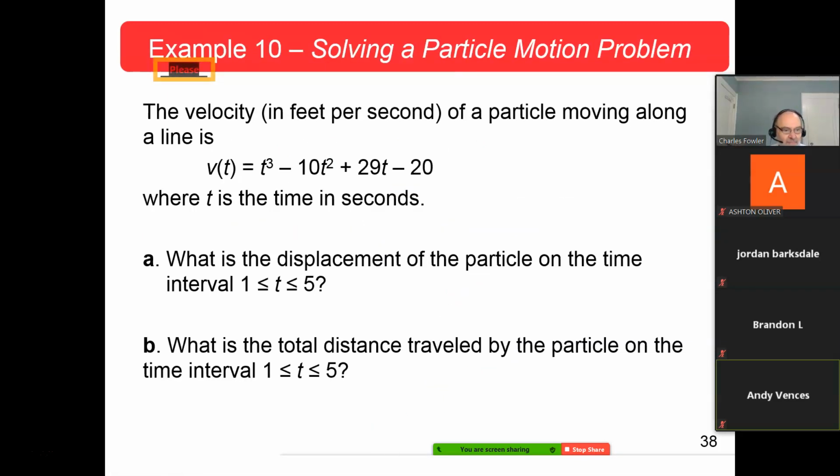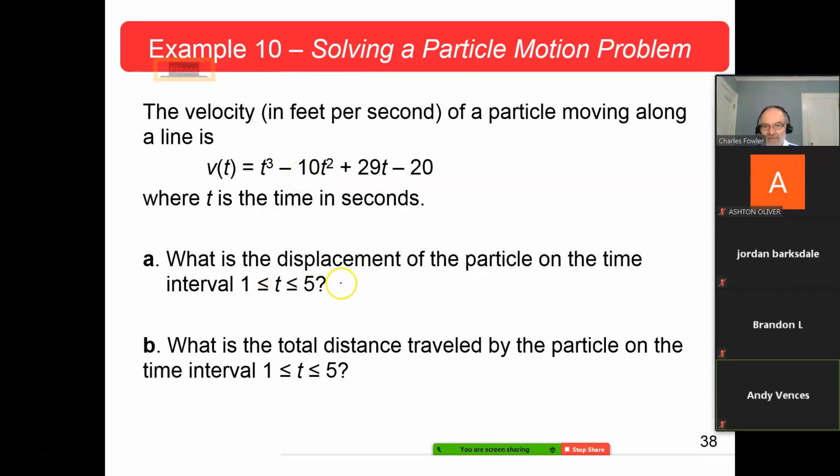So here's example 10 on page 327. The velocity in feet per second of a particle moving along a line is v of t equals t cubed minus 10t squared plus 29t minus 20, where t is the time in seconds. What is the displacement of the particle on the time interval 1 to 5?